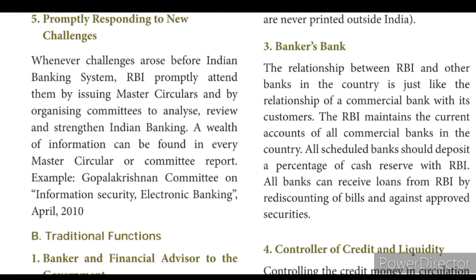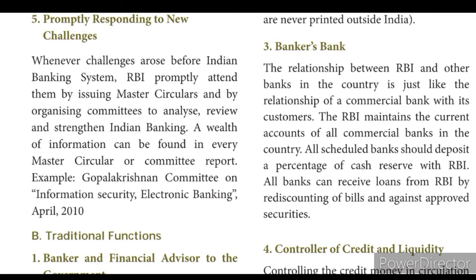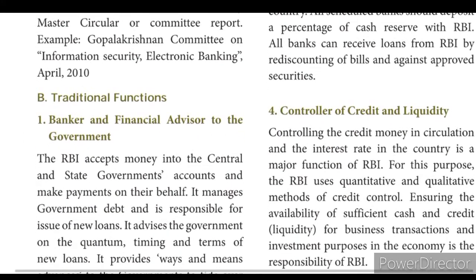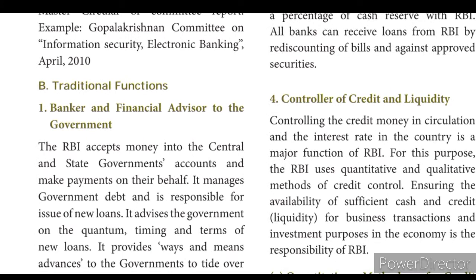So all the banks and their branches have an account with the RBI, and they have some cash reserve which they keep with the RBI only. And if they want to get any loans, that is also done by the RBI only. The rediscounting of bills against approved securities, everything is done by the RBI only.